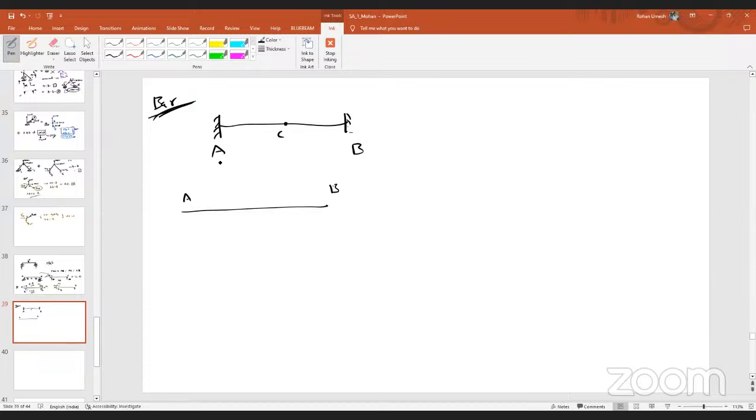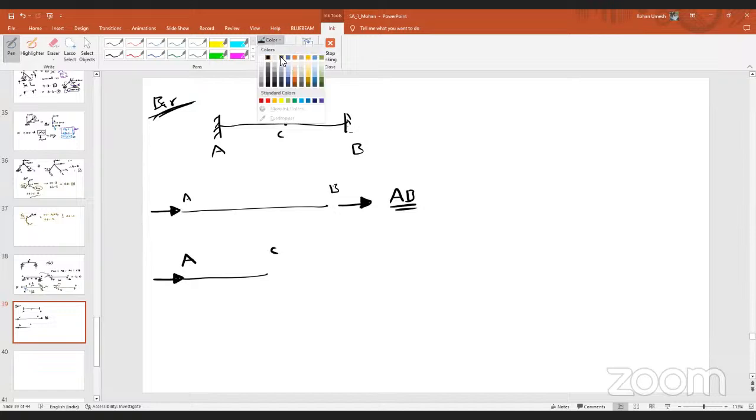At A, how many reactions will exist? 1. Don't get confused. It is a bar problem, only axial forces. And at B, how many? 1. This is the free body diagram of AB. Now consider the free body diagram of AC. At A, we already know 1. What about at C? 3. Everybody will agree?